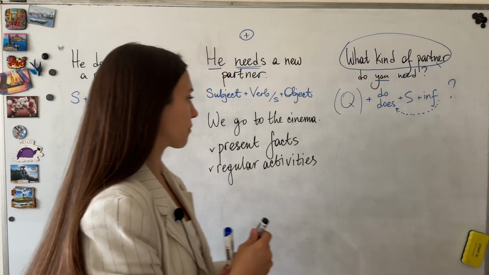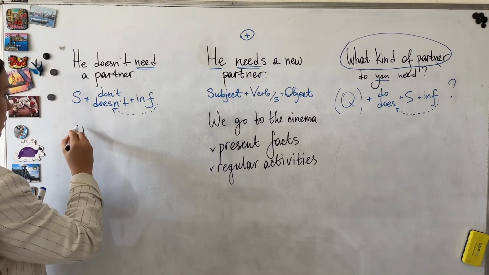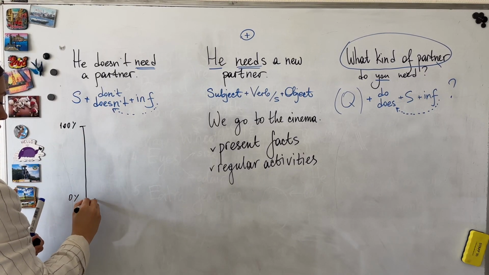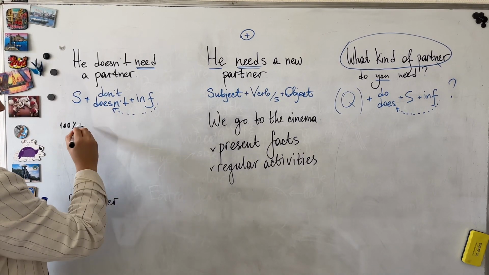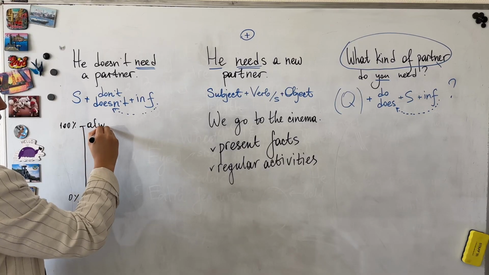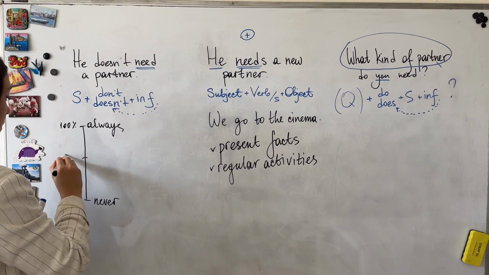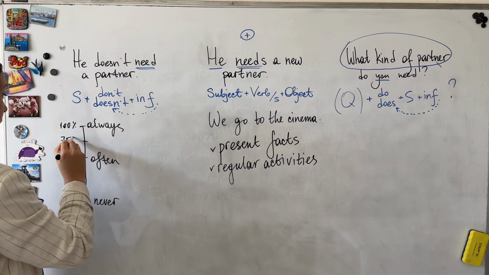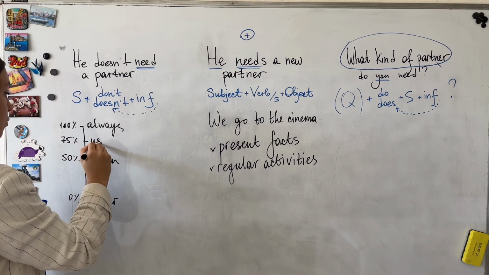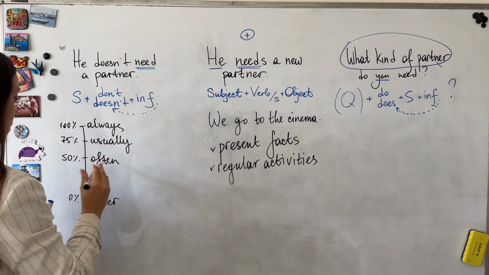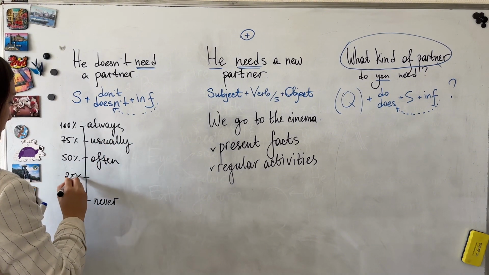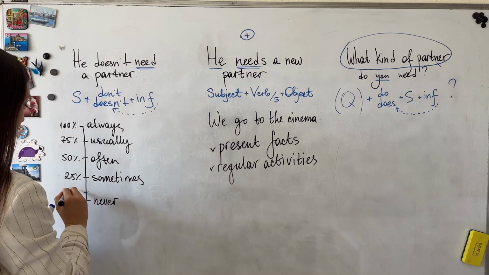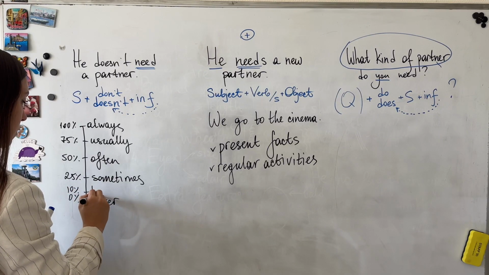For example, let's draw a scale. So, for example, 0% of my time is never, opposite, always, often, usually, sometimes, hardly ever.